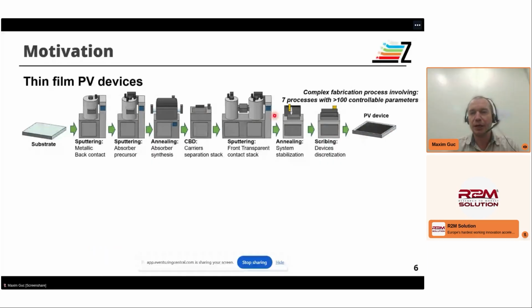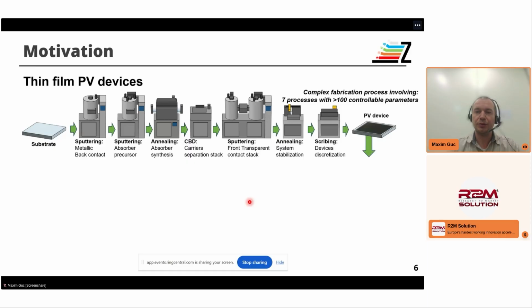In typical thin film PV devices, you have around 7 processes, and then you have hundreds of controllable and maybe even more uncontrollable parameters that might change during the production process.